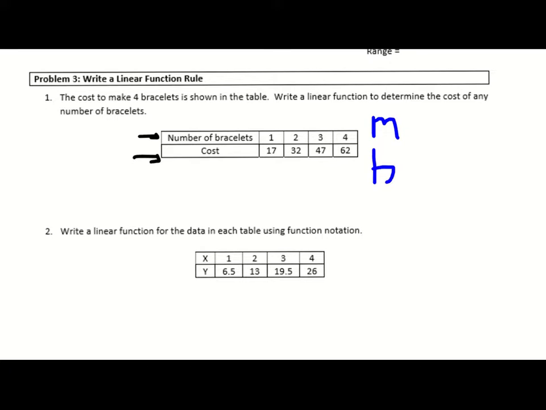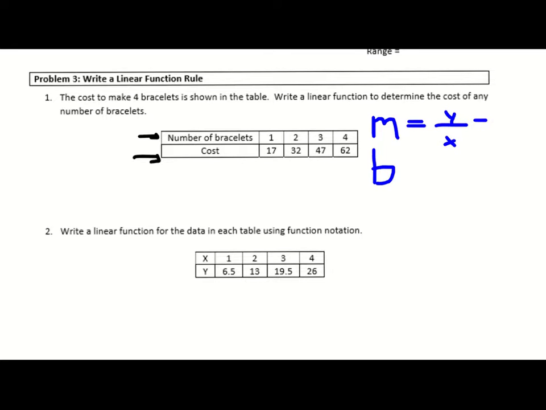This is related exactly to what we had done in Chapter 2, writing the equation of a line. Just now we're given a table form to write the equation from. So first we need to find the slope represented by the points in this table. If we recall, slope is the change of y divided by your change of x.